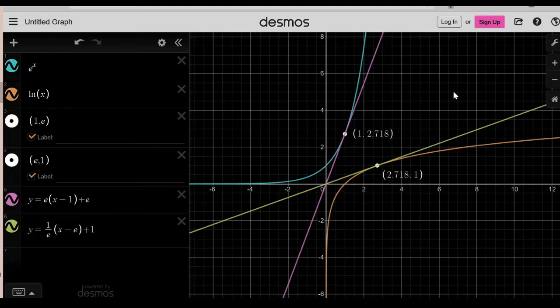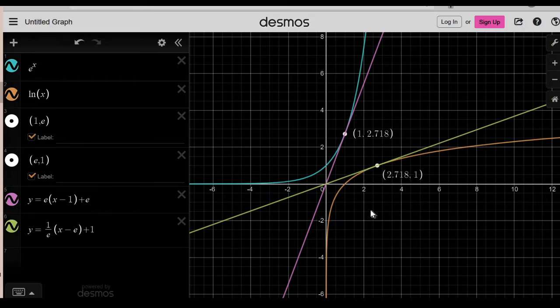Now because there's such an interesting graphical relationship between the graph of e to the x and its inverse, it's natural to ask if there is a graphical relationship between the tangent lines of the original function and the tangent lines of the inverse function. For example, here in the graphs, I've added the tangent line to e to the x at the location where x is 1.